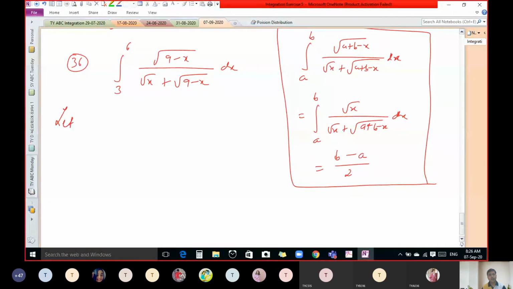So let the answer of this be some number, because we know there is always some number when there is a definite integration. So the answer of this is, let us say, k. Now instead of k, let us assume I. So the answer of this is I.